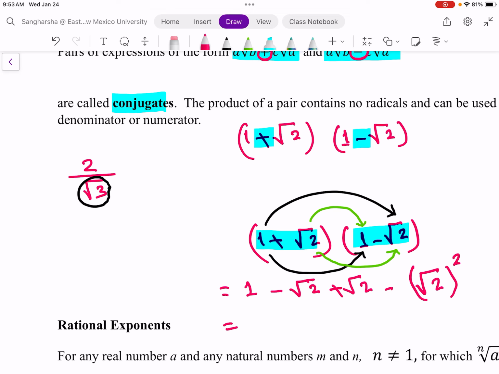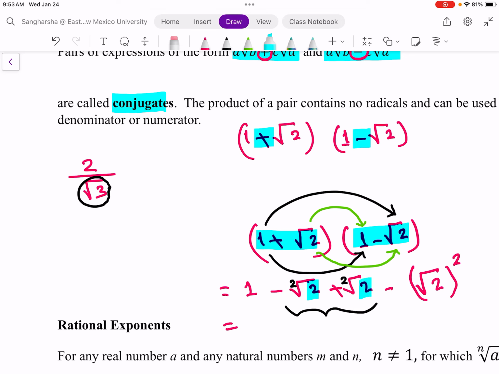If we look at the middle two expressions, these two are like terms. To be like terms, the index has to be the same. The index of this expression is 2, the index of the other expression is 2, the index is the same, and the radicand is the same. The radicand is 2, the radicand is 2.